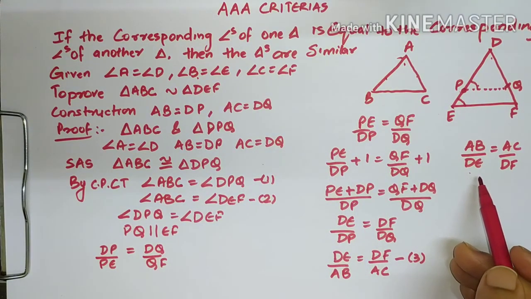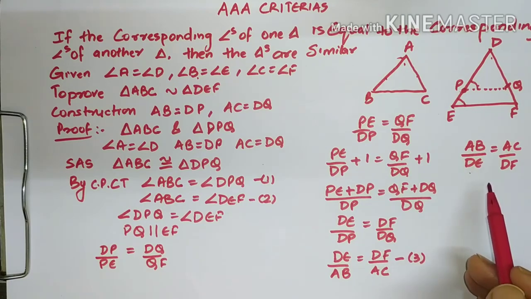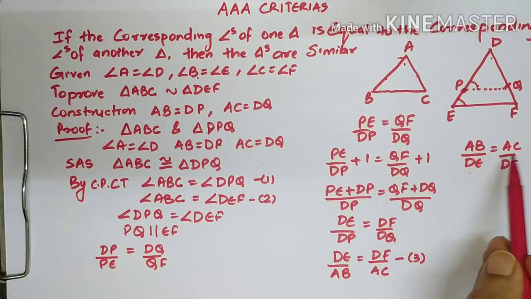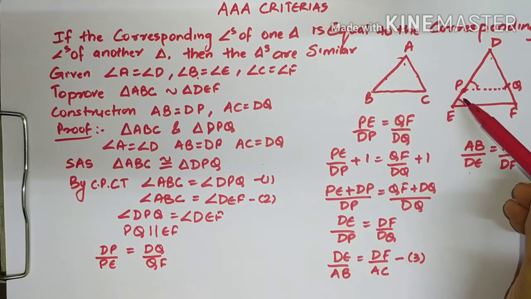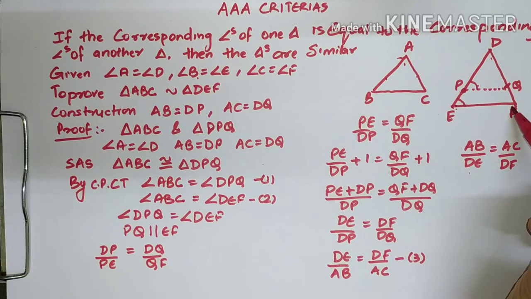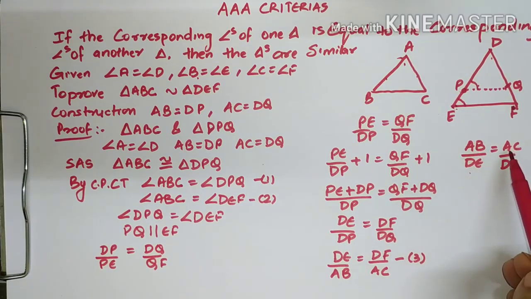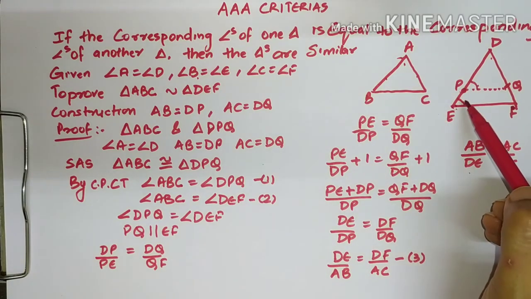Now we can think about BC upon EF. Now how to get this ratio equal to BC upon EF also? For that, what we are supposed to do is, we will take a point P on DE and Q on EF. If I do the construction in this way, then I will get my ratio AB upon DE is equal to BC upon EF. So for that we need to construct in a different way.